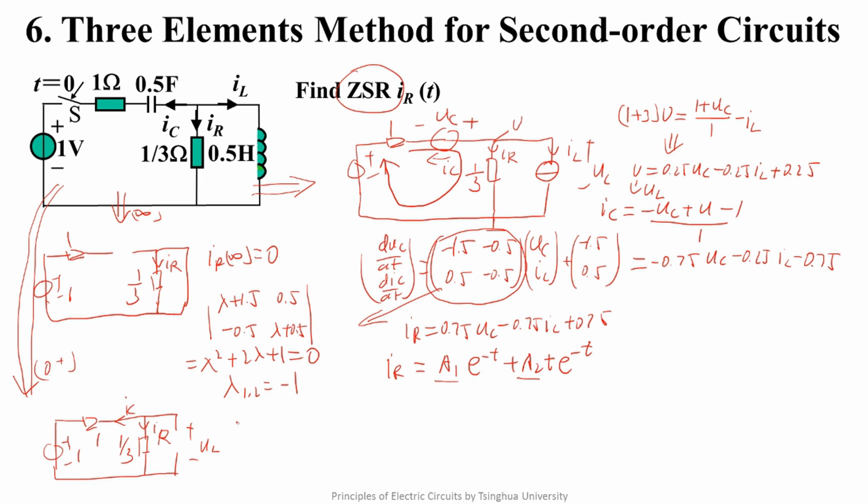In the 0 plus circuit, we can easily get that IR(0+) equals 1 over (1 plus 1/3), equal to 0.75 ampere.